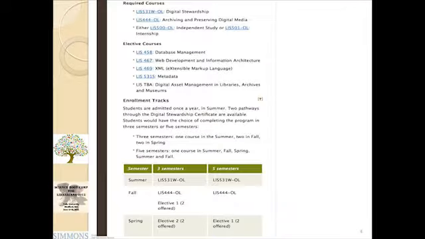And when you look at the courses, they're pretty traditional. There's a digital stewardship piece, which is digital curation, digital preservation, looking at the life cycle of the data. There's an archiving and preserving digital media course, and where that course is going is into strange little open software tools that help you to process data.